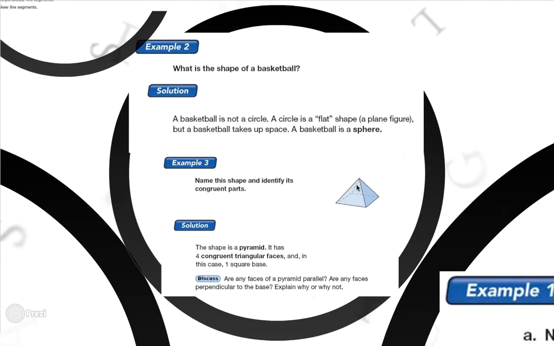So it has 4 different congruent faces, right? Remember, the base of the pyramid is not congruent because it is a square on the bottom, and the triangle faces. So it has 4 congruent triangular faces.